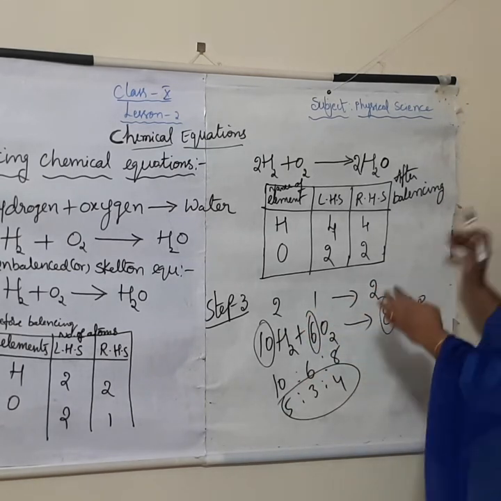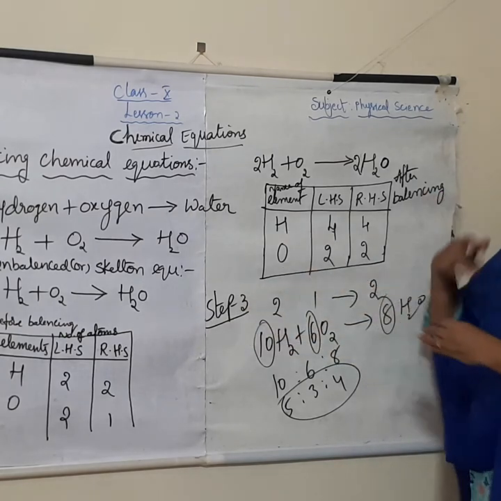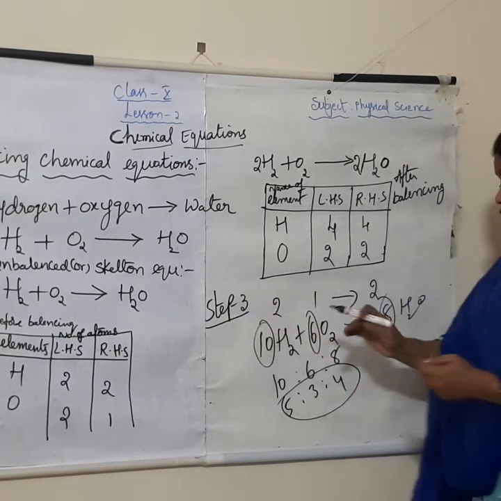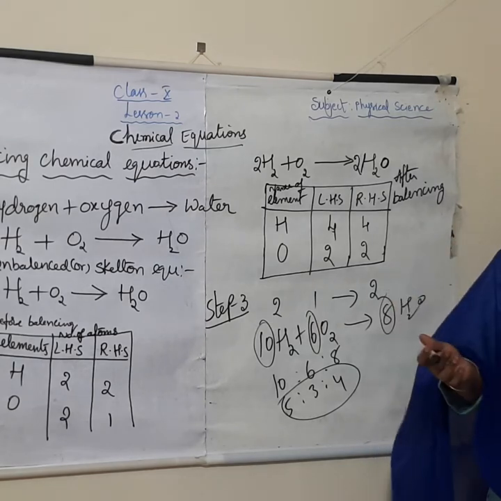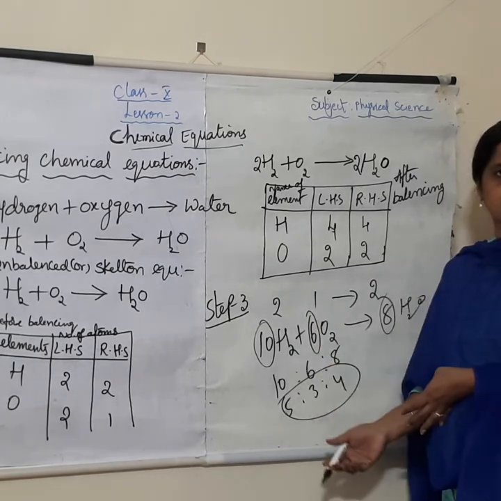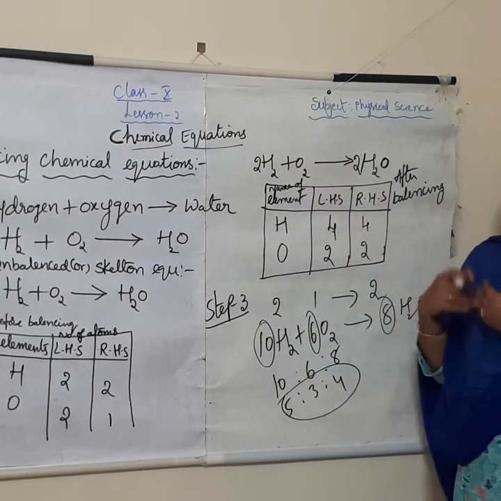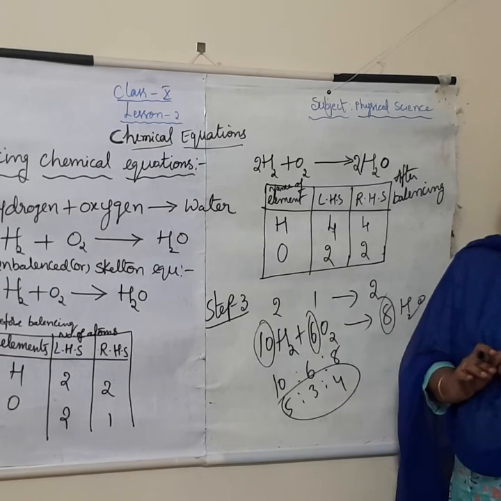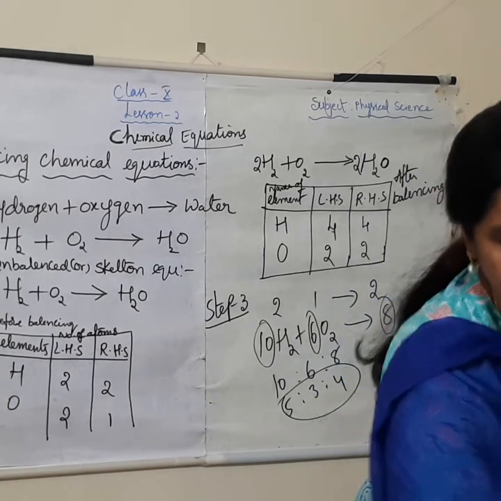So in step 3, after balancing the chemical equation, you reduce the coefficients into the smallest form. For some equations we must make it into the shortest form, and here they are already in the shortest form, so no need. Understand?